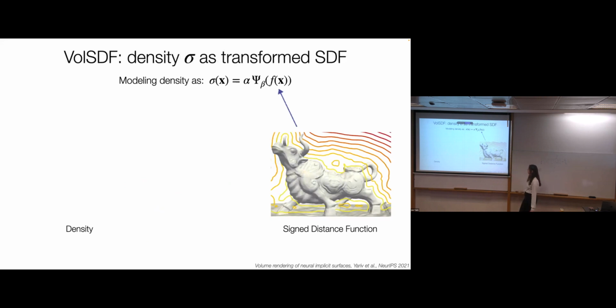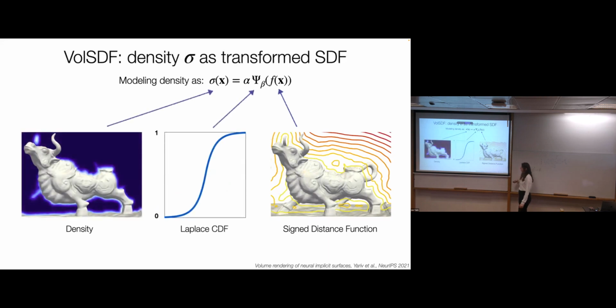So specifically, what is the transformation that we're going to use? As before, you see in the illustration, you have your geometry represented with a signed distance function, and this level set illustrates the level set of the surface. We're going to use a Laplace cumulative distribution function. You can also think of a sigmoid that transforms values to be between 0 and 1. Another way to think of this transformation is that it takes a signed distance function and turns it into an indicator function.